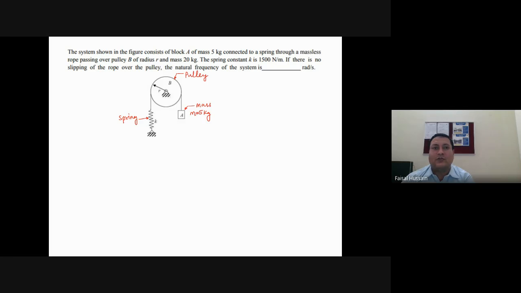Connected to a spring through a massless rope passing over a pulley of radius r. So the radius of the pulley is small r, and let capital M be the mass of the pulley. Okay. Small m is the mass of the block and capital M is the mass of the pulley.